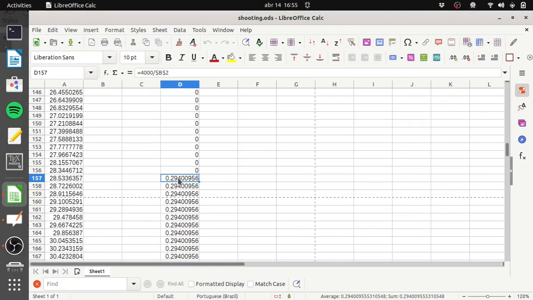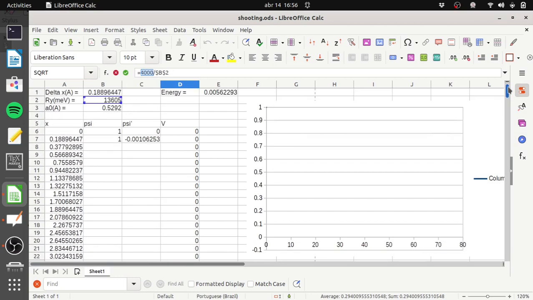And from here on, the potential for x larger than 15 angstroms, I use a number that is 4,000 millielectron volts, so that is 4 electron volts, divided by B2. And what is B2? That's the Rydberg energy, right? So here is B2, that's Rydberg energy.